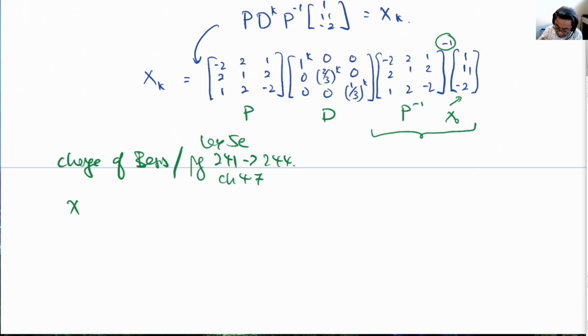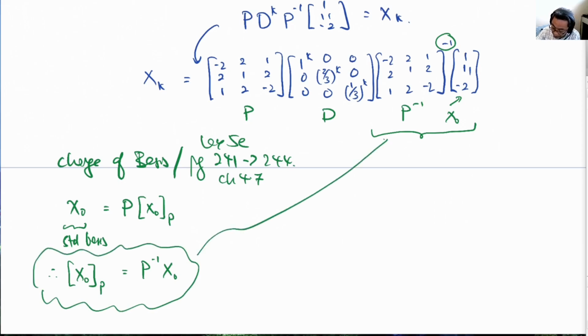The vector x in the standard basis is related to the x in the particular basis by P, and we write this as x0 in the P basis. So x0 in the P basis can be calculated as the inverse of P times x0, and you see this equation here.